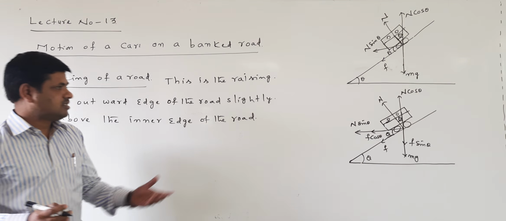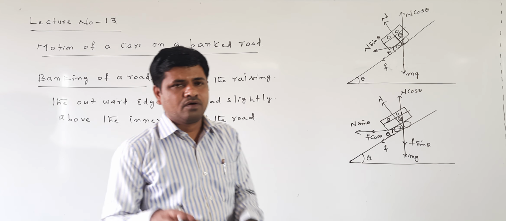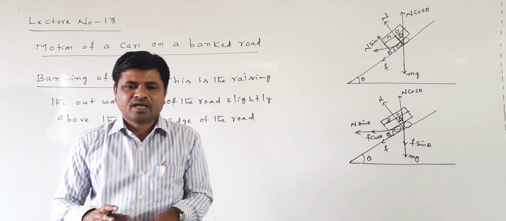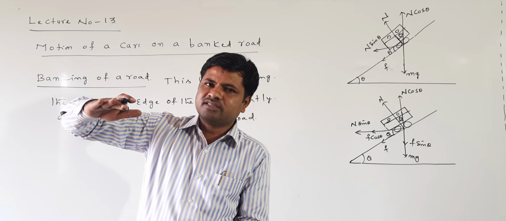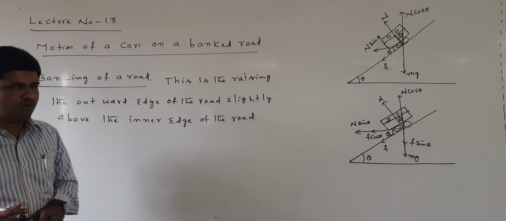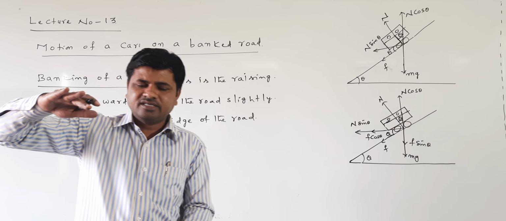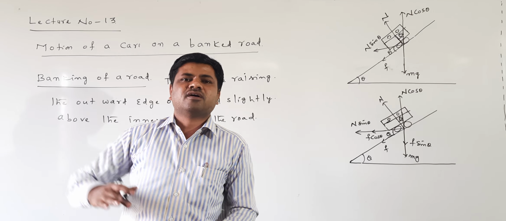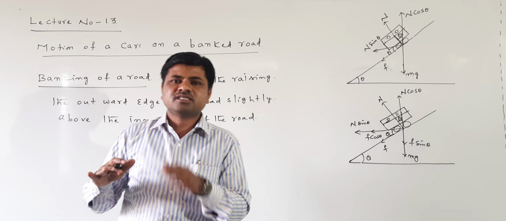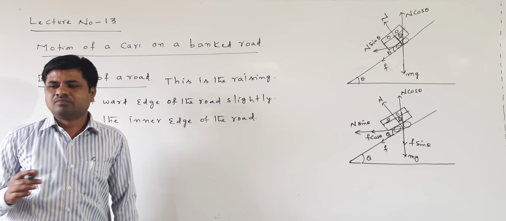This is done when constructing roads. When there is a curved path, the outer edge is raised above the inner edge of the road. This is called banking of road. Banking means the outer edge is above and the inner edge is low.